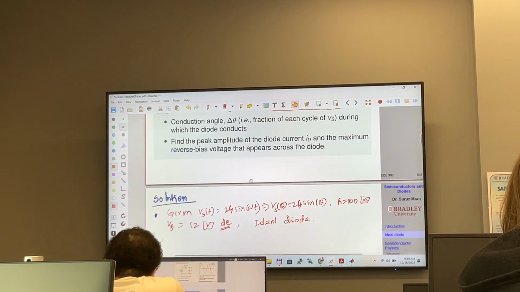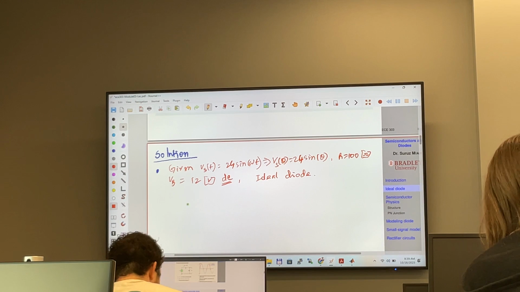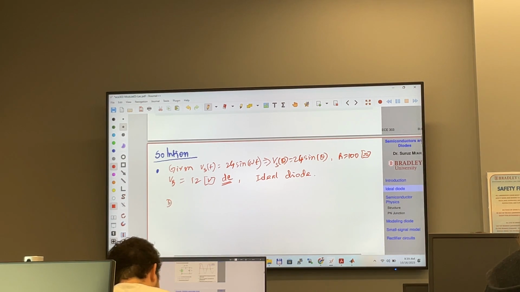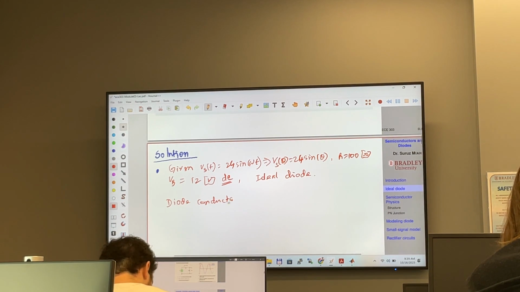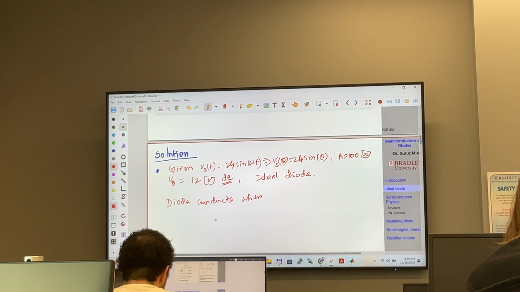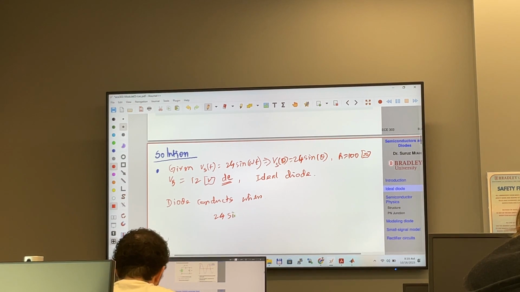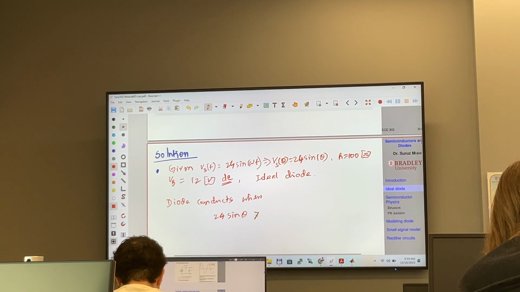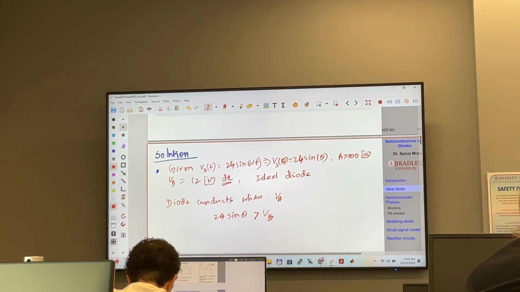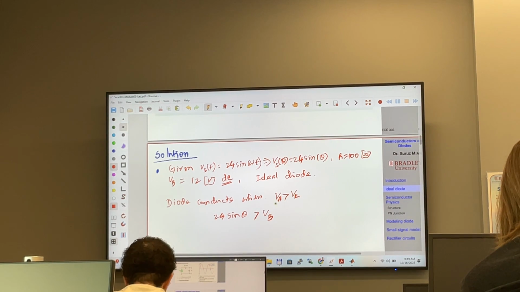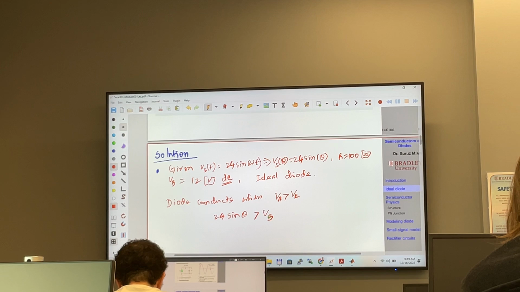We can say the diode conducts when 24 sine theta is greater than VB. You can say that VA greater than VK means VA, which is 24 sine theta, has to be greater than VB. VB is going to be 12 volt.